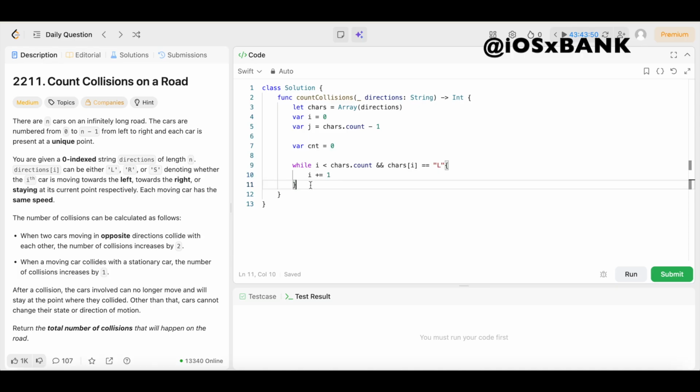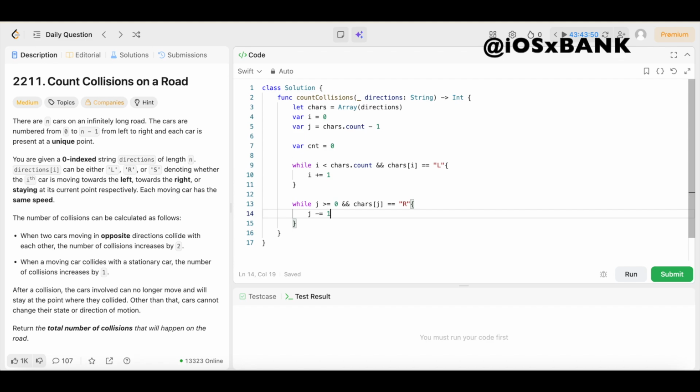So we could come underneath this and say while J is greater than or equal to 0, and chars[J] equals a capital R, we're going to open up the brackets and say J -= 1. Boom. Now all possible collisions must occur within the range I through J.